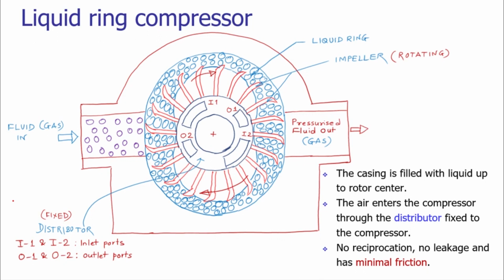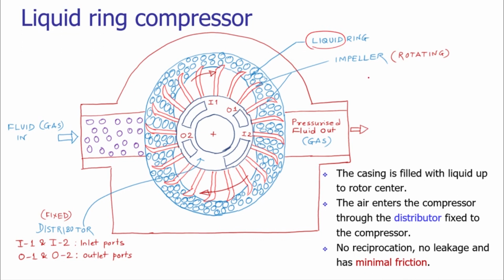So those gaps are creating leakages of the compressed air inside the mechanical system. These leakages are affecting the efficiency. So we need to have a leakage free system, or a system which is providing minimal leakage during the operation. For that purpose, we are utilizing a liquid as the sealant here.